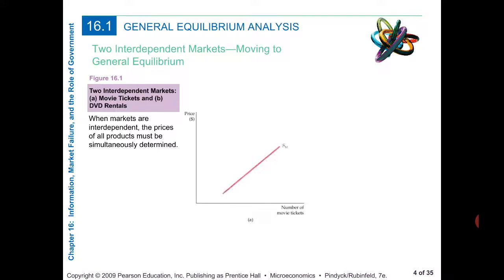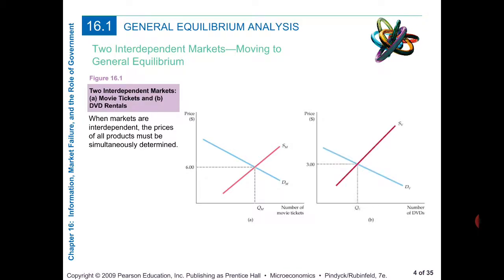So let's take the simple case of two interdependent markets, just to show you why a partial equilibrium and general equilibrium are very different. Let's start with supply and demand for movies, and here you have supply and demand for videos.